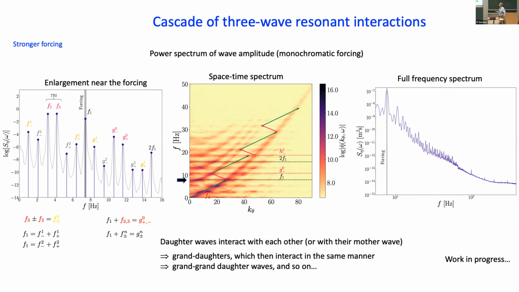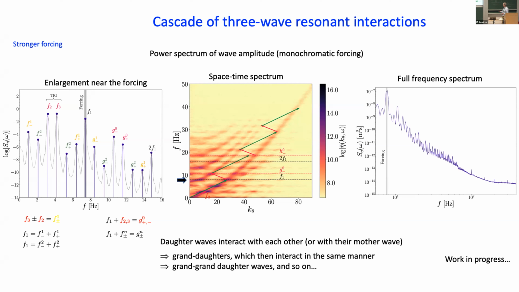For instance, that leads to the yellow point here, or with the mother wave that leads to this point here. And these granddaughters will also interact to generate more granddaughters and so on. So you populate the spectrum.